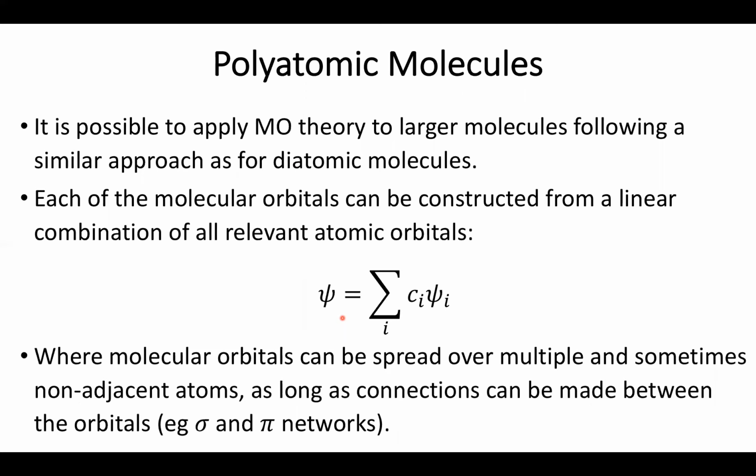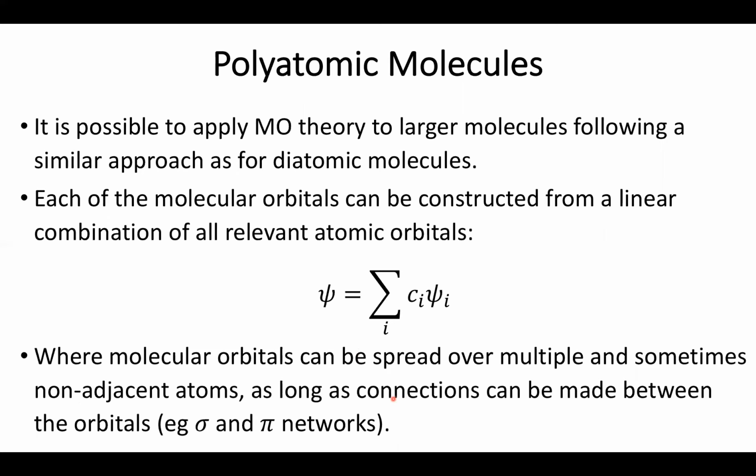We just have to make some brief limitations when we're trying to think about how I'm going to build up a molecular orbital system. The first of which is, the atomic orbitals don't necessarily need to be adjacent, but there has to be some line of connection between the various atomic orbitals involved.